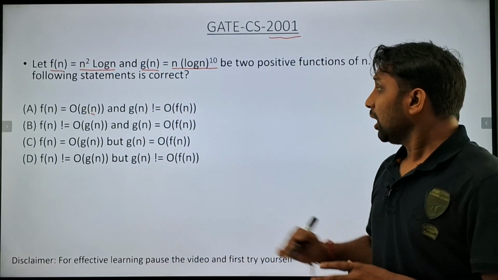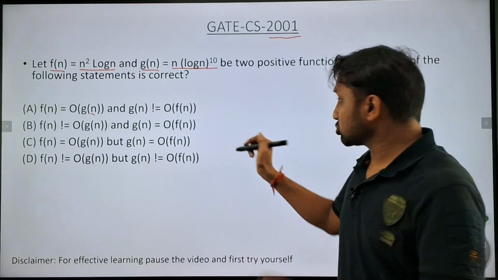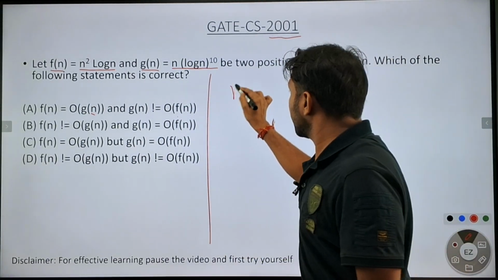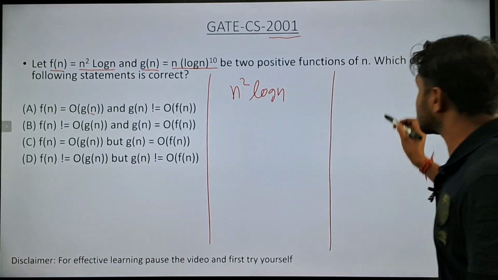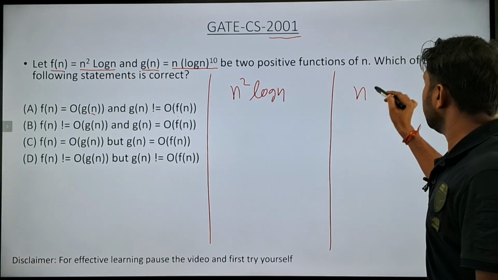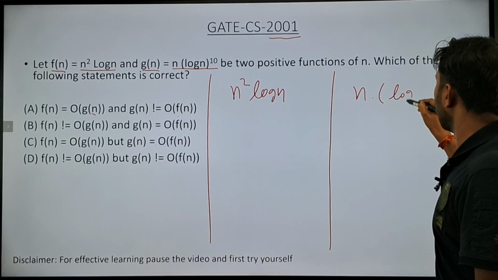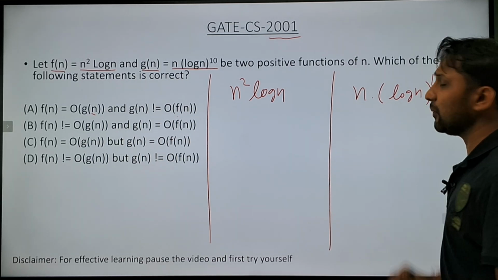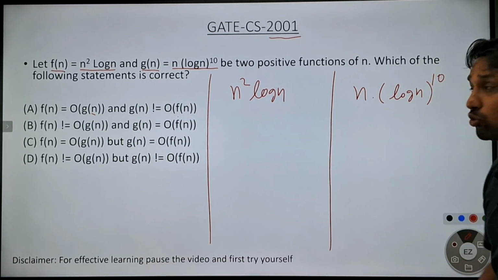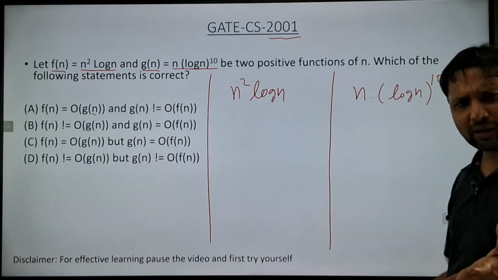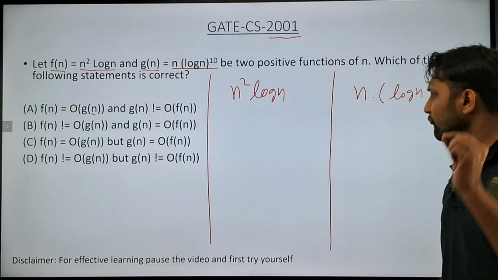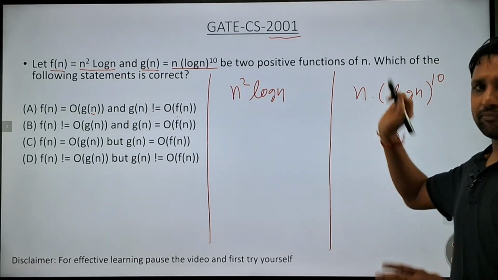Let me compare these two functions first: n square log n, and the other function, n into (log n) power 10. Let me find out which is greater and which is smaller. I am applying the informal method. In the informal method, first we need to remove the common terms on both sides.